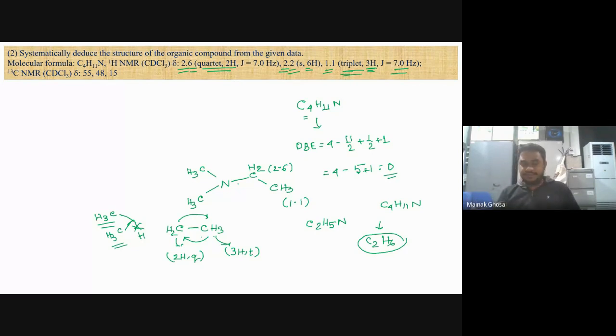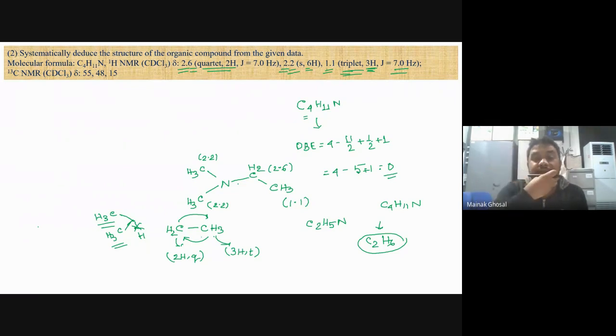So you see all these peaks are matching, so the proton spectrum actually matches.